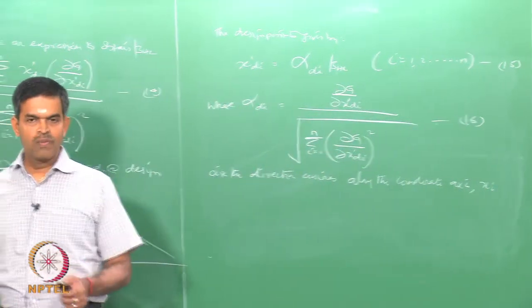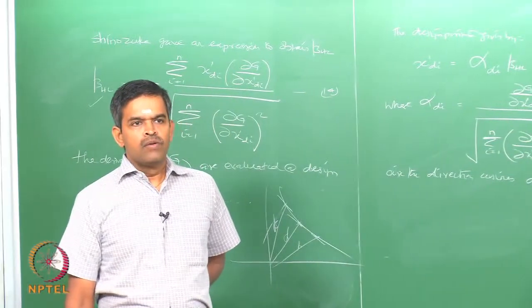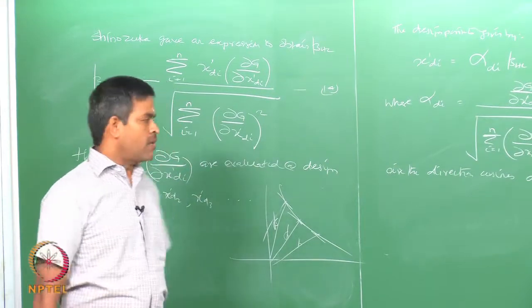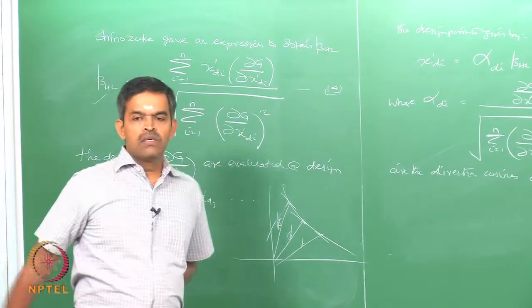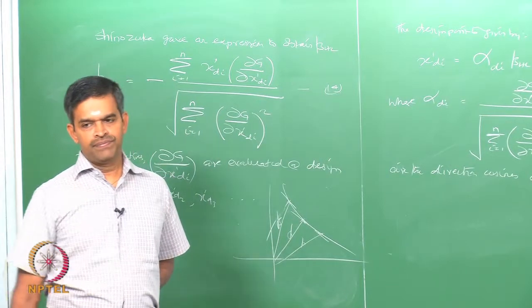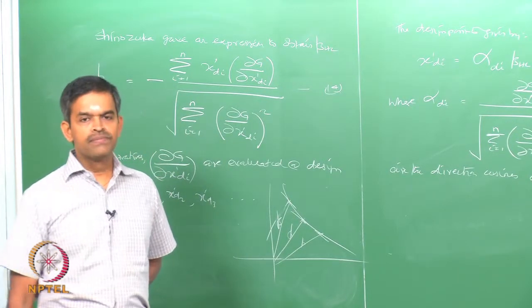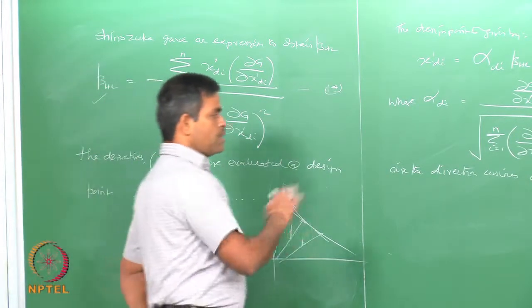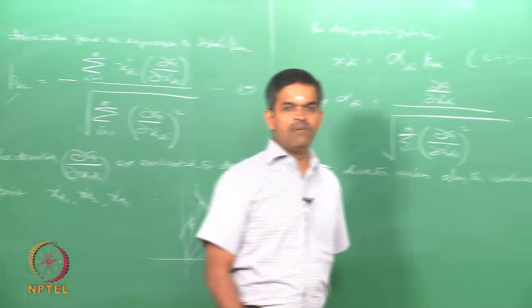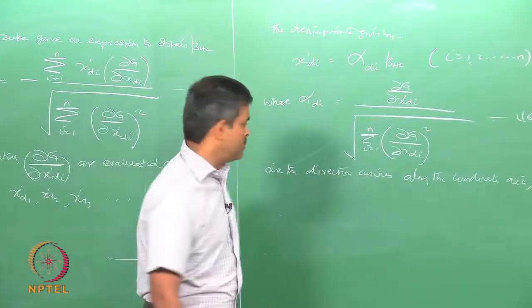Now, in the space of original variables, we have modified this to a different set of variables with x dash or r dash and s dash, but correspondingly in the space of original variables the design point should also be given.